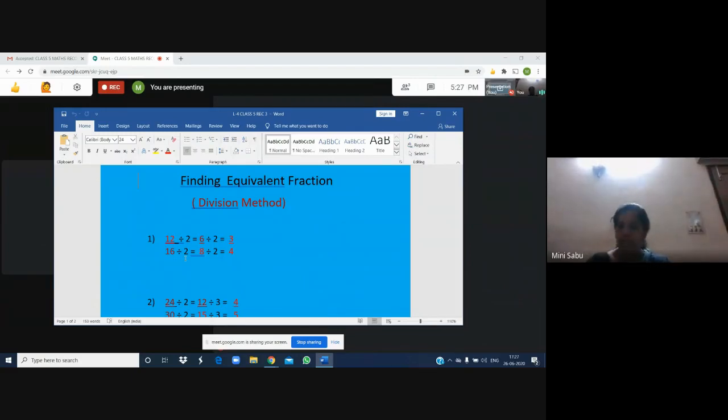If both the numbers are coming in the table, we can take that. Here I have started with 2 because it's the beginning. 12 divided by 2. Whenever you divide by 2, you can simply think that divide by 2 means half of the number. So what is the half of 12?